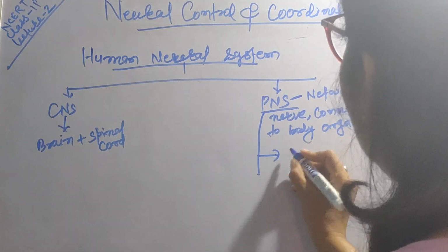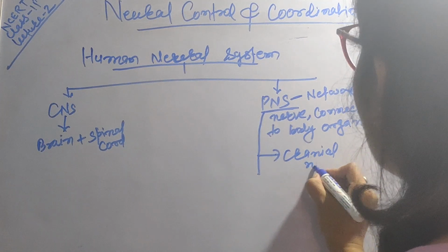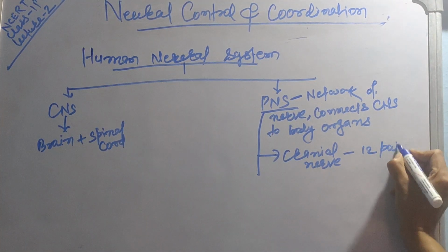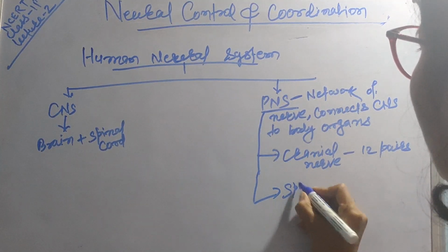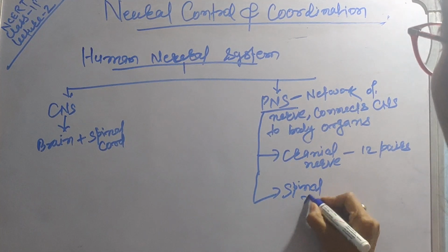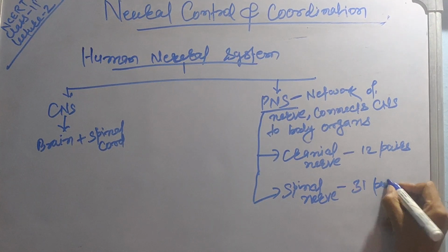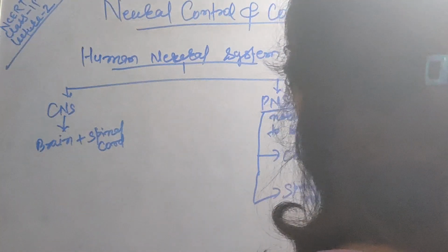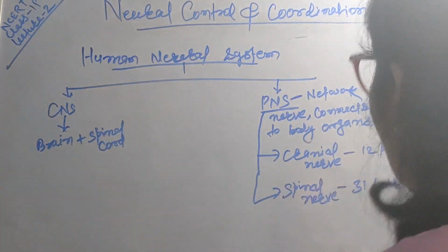It is composed of cranial nerves, which are 12 pairs in number, and spinal nerves, which are 31 pairs in number. Cranial nerves, you can write here.